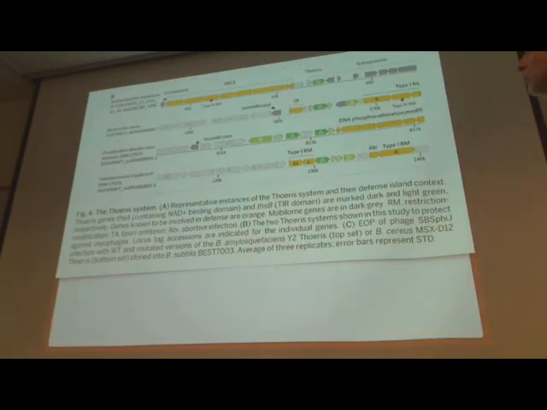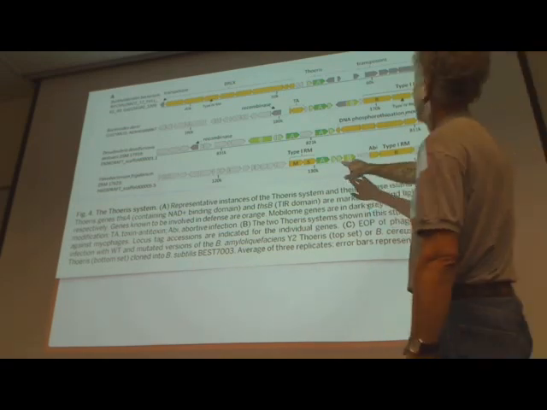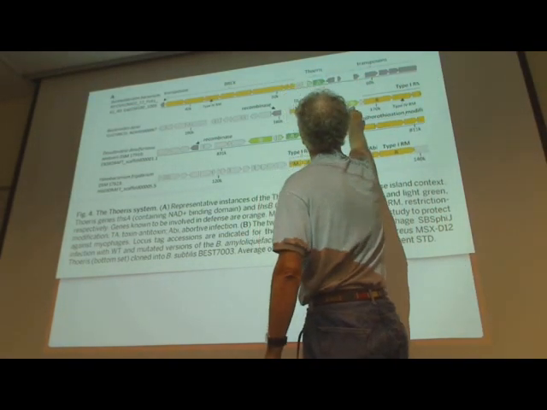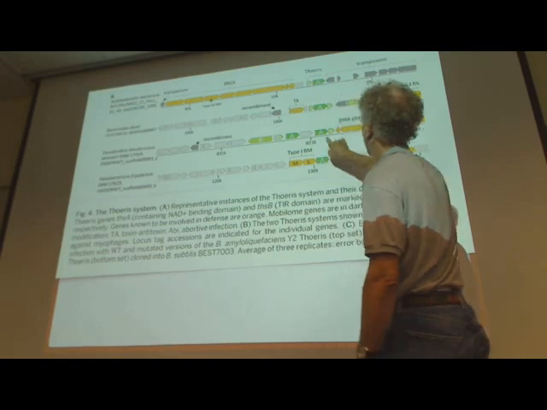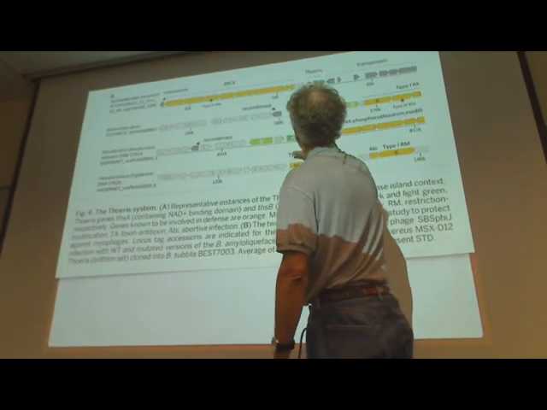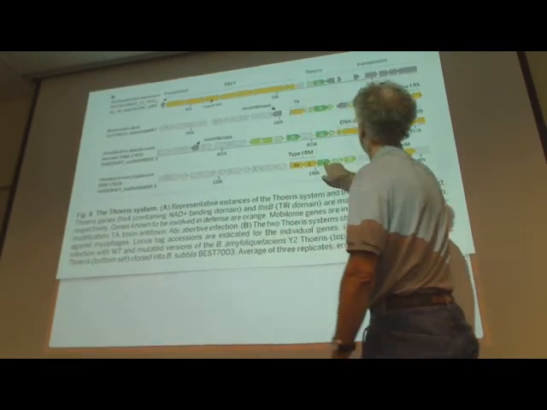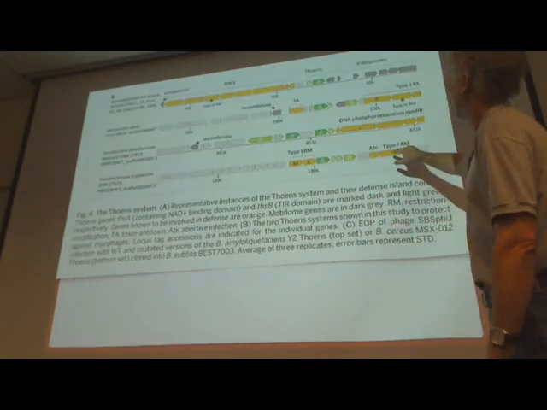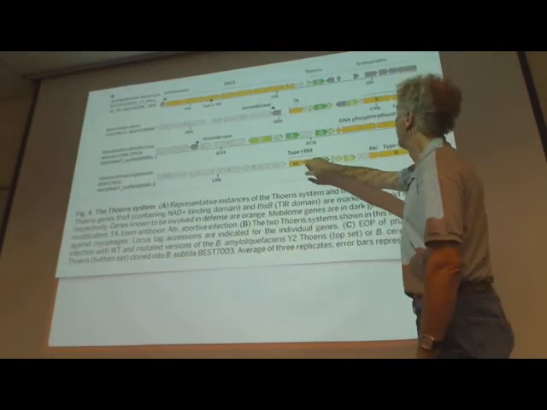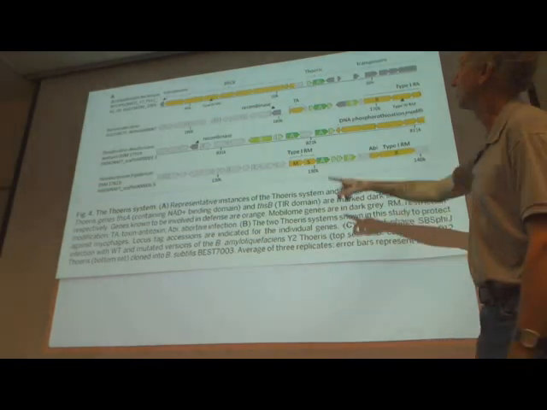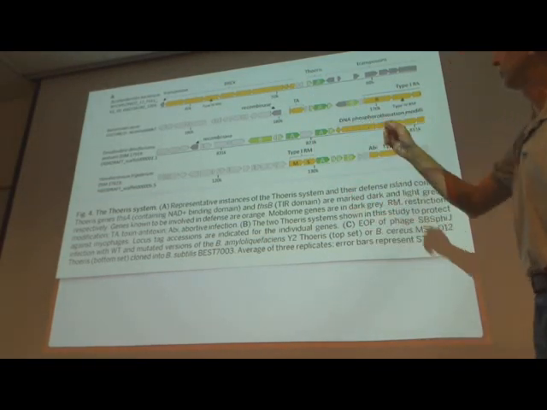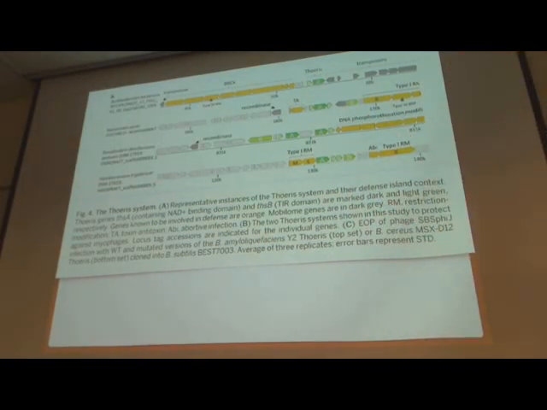Here's another one, Thoeris. And so it's just these open reading frames. This B shows up in multiple copies sometimes. Here's two A's and 3 B's, 1 A and 3 B's, etc. Tightly associated with restriction modification systems, BREX and transposases and recombinases, etc. I don't think they have a clue how this works or might work.